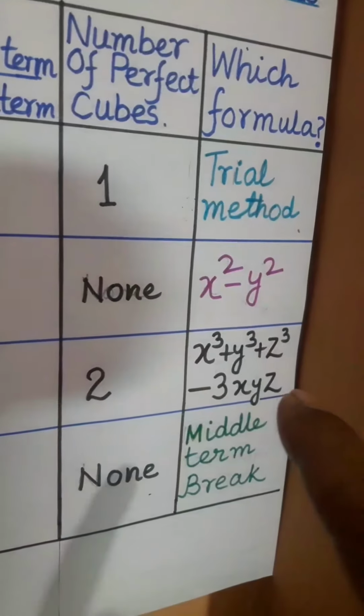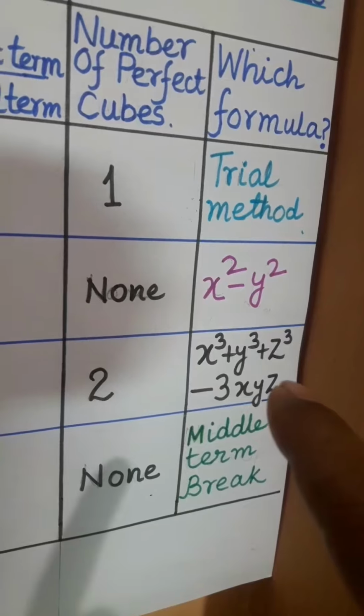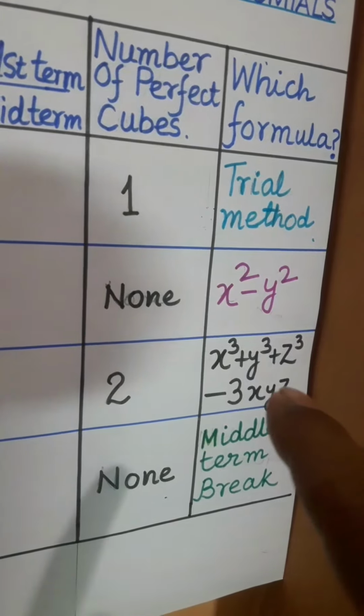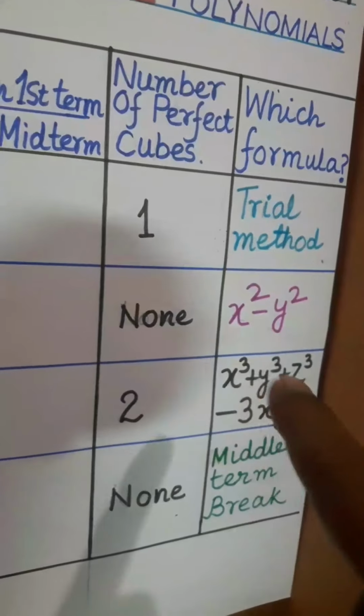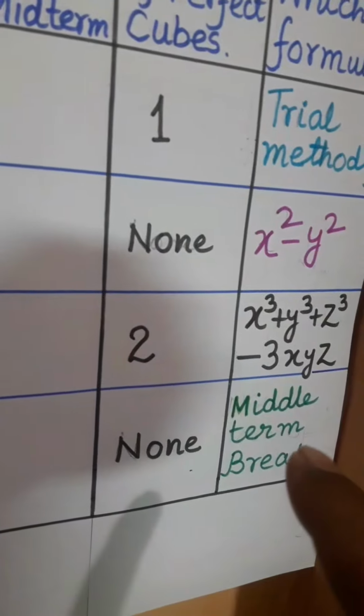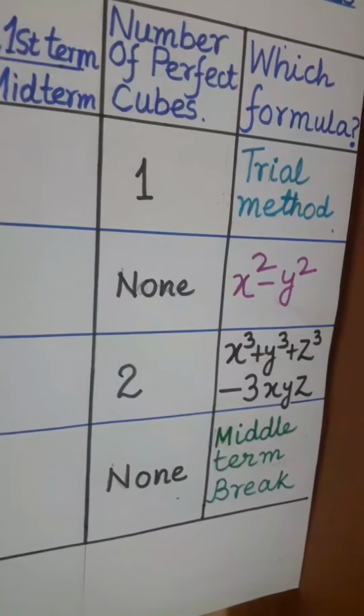These are undoubtedly of the formula x cube plus y cube plus z cube minus 3xyz. And the fourth one, x square minus 5x minus 6, is purely a middle term break, the most ordinary type of factorization.